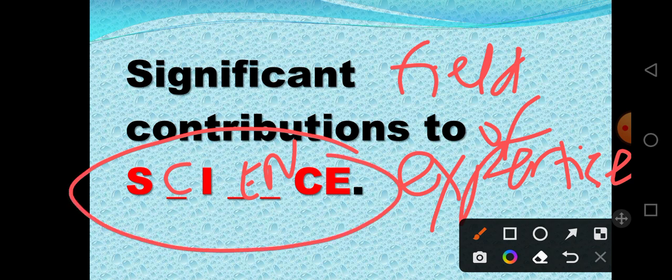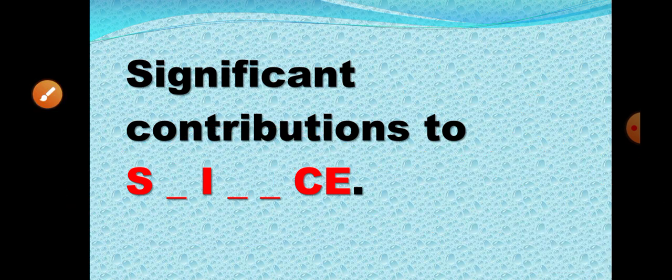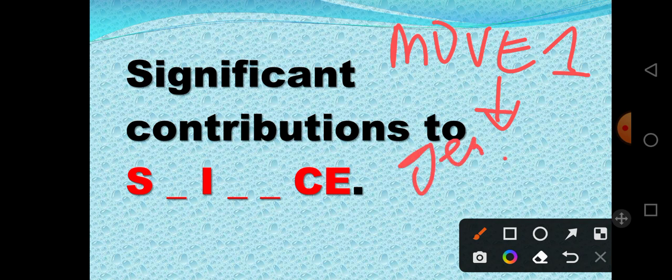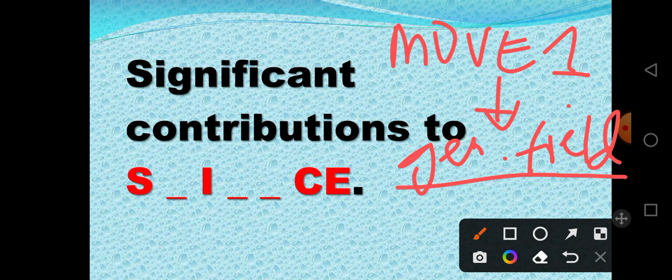Remember, class, in Move 1 of your research introduction, you highlighted the general field of your research in claiming centrality. So in the significance of the study, you must highlight the significant contributions of your study to the said general field stated in your Move 1.